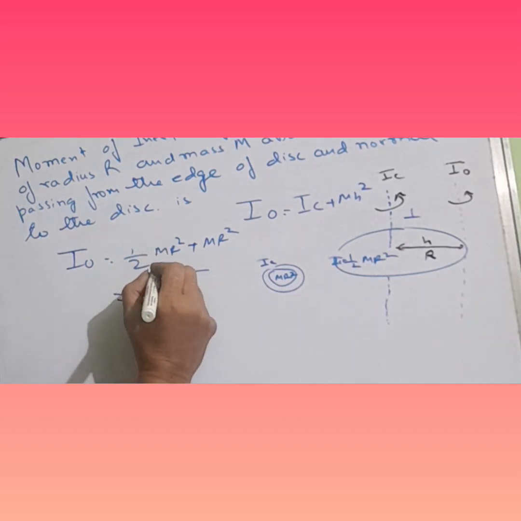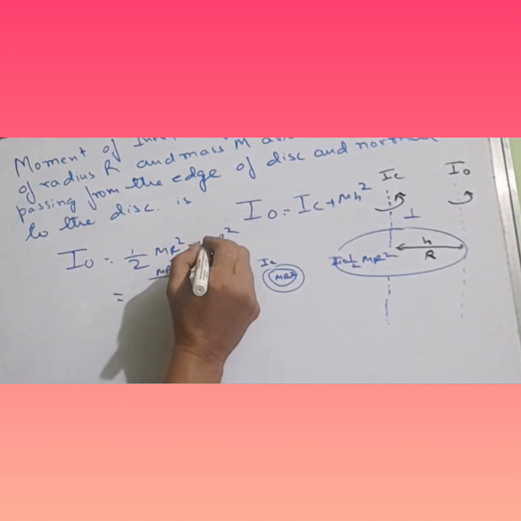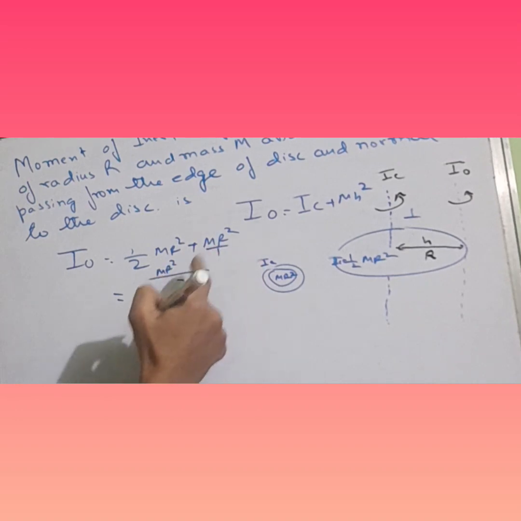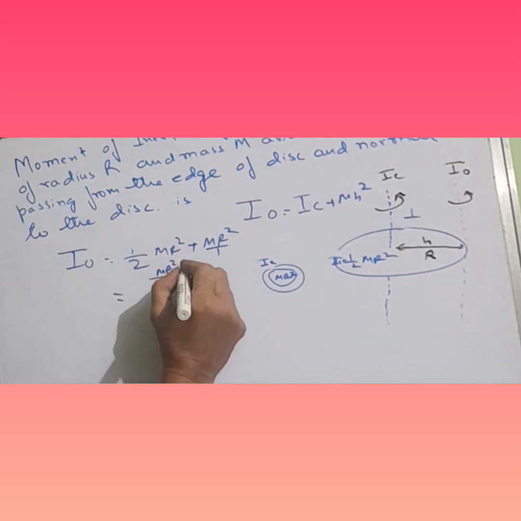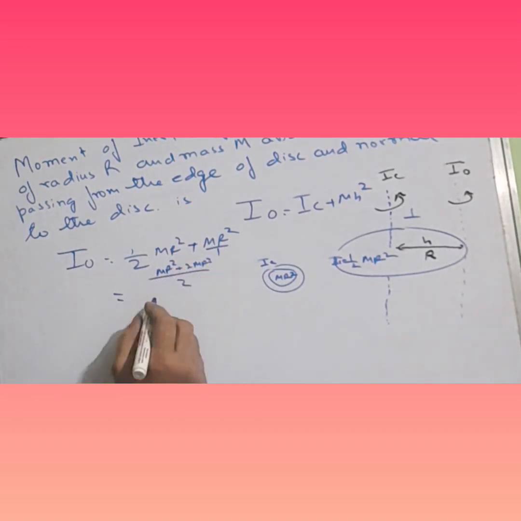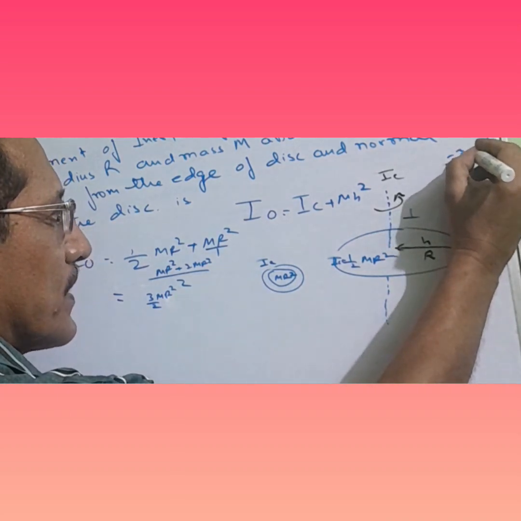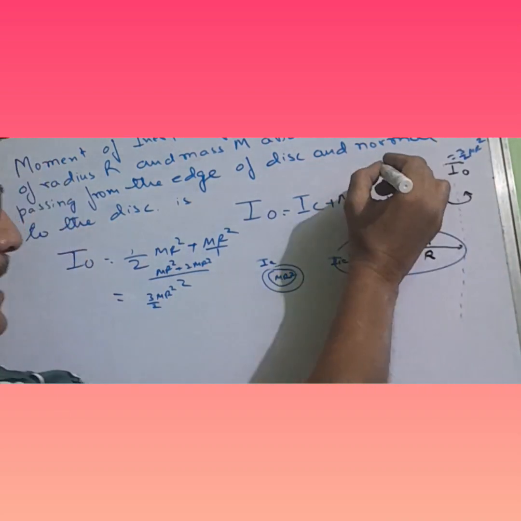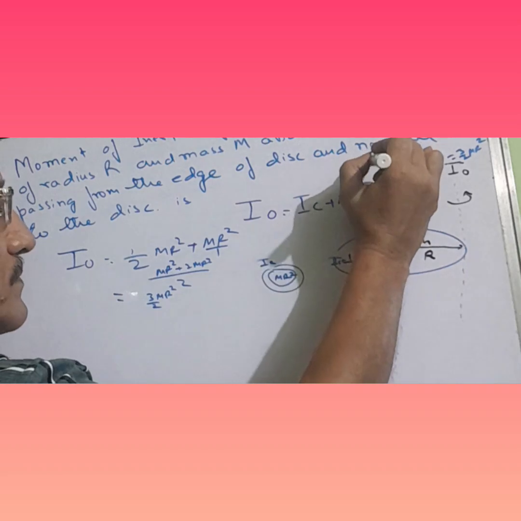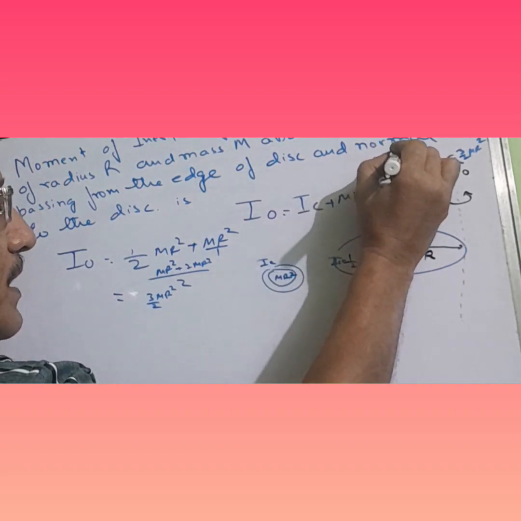And this also I divided by 1; 1 twos are 2, so 2 mr square. So your answer here, this I0 is equal to 3 by 2 mr square, and IC we knew was half mr square.